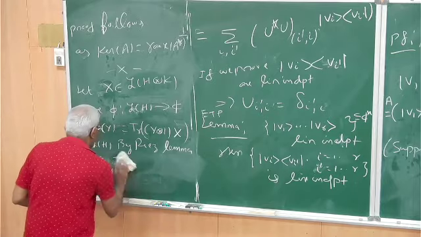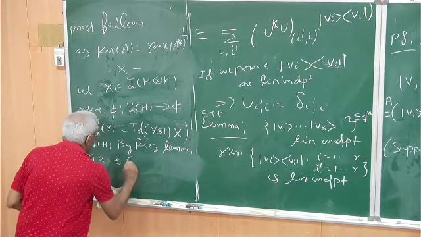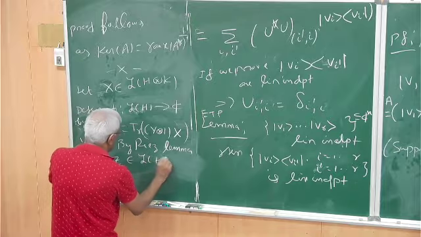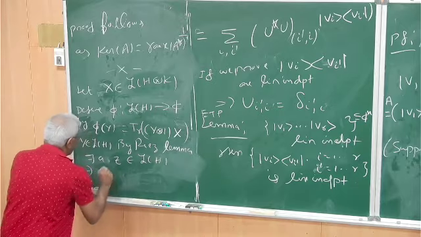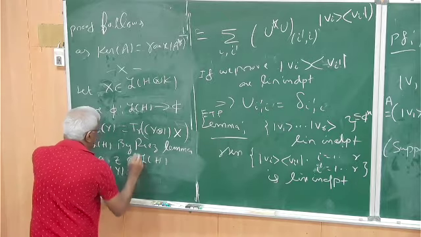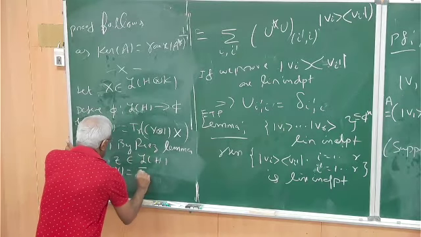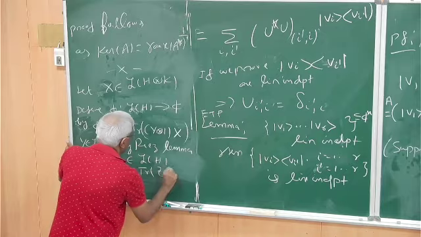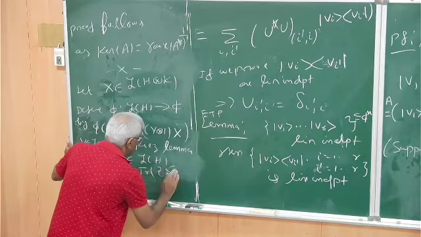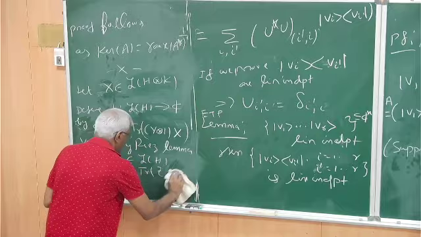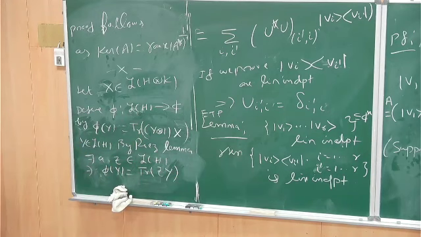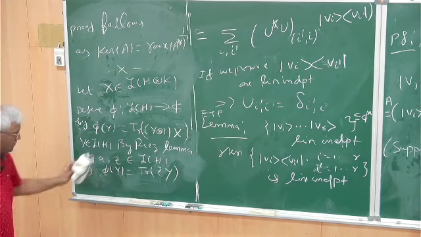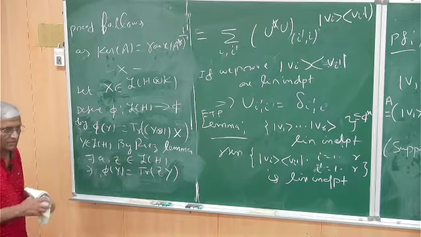There exists a Z in L of H such that trace of P of Y equals trace of Z Y. This is okay because it's an inner product. Because it's a Hilbert space and trace gives an inner product. Any linear functional is given by an inner product.